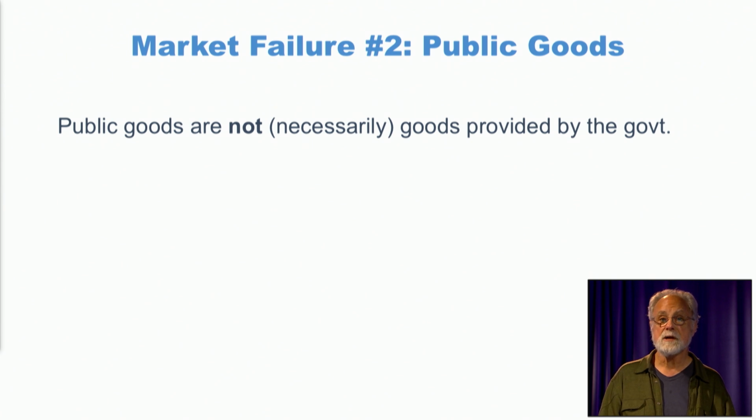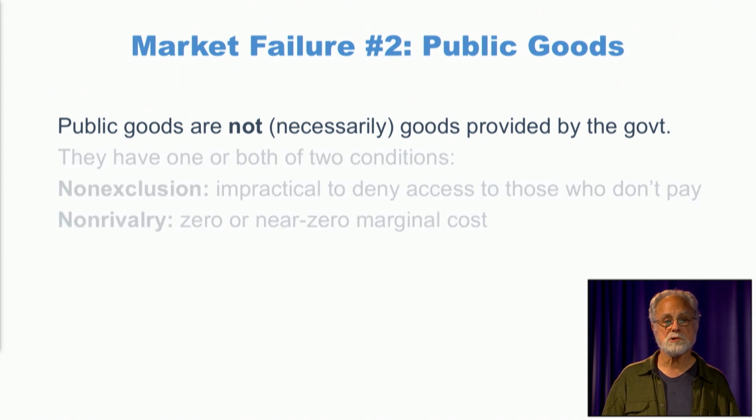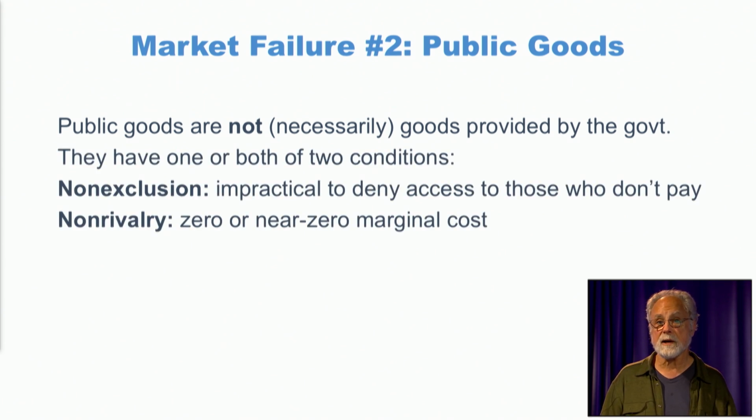In economics, a good that is provided by the government does not have to be a public good, and a good which is a public good does not have to be provided by the government. So there's no necessary relationship between the two. On the contrary, the definition of a public good in economics is that it's something that has one or both of two characteristics.